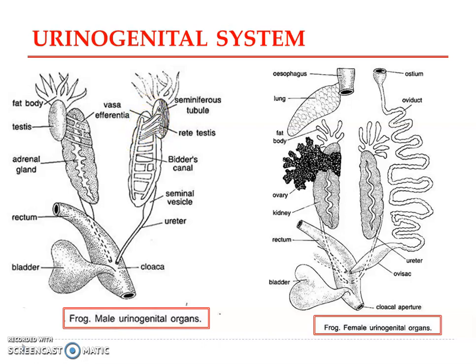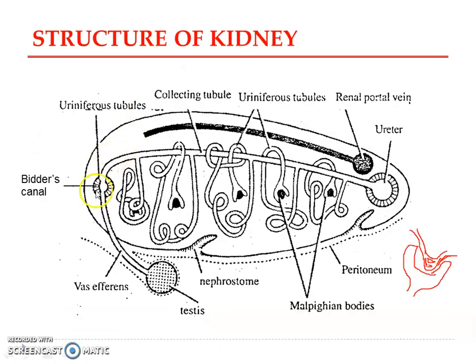The sperms produced in the seminiferous tubules move down into the vasa efferentia. These vasa efferentia enter the kidney and open into the Bidder's canal. I hope you remember the Bidder's canal here. This is the testis, this is the vasa efferentia, and it opens into the Bidder's canal.